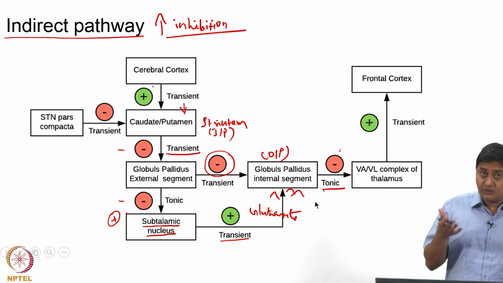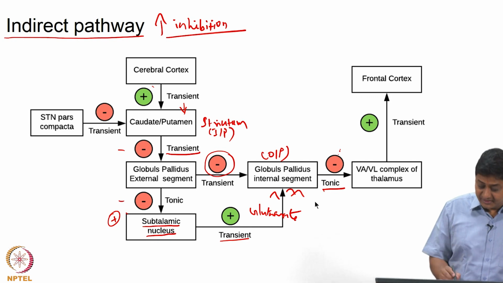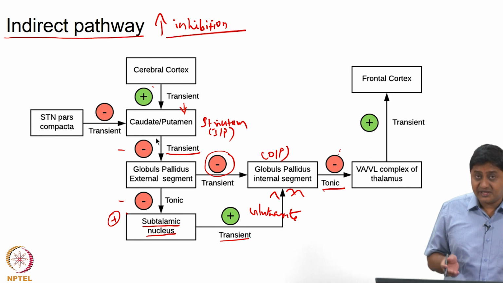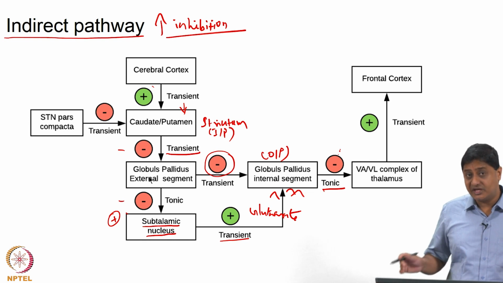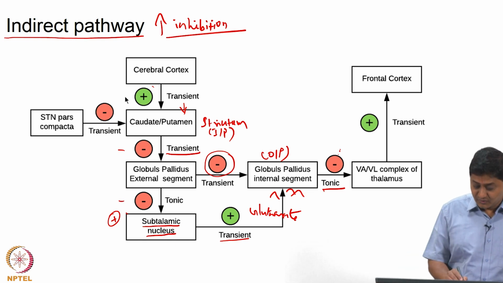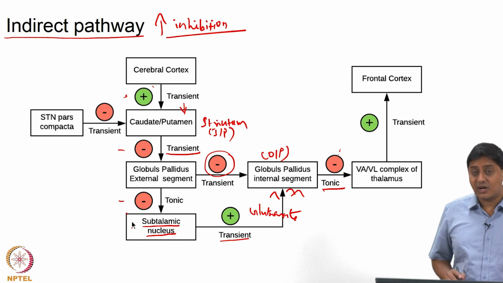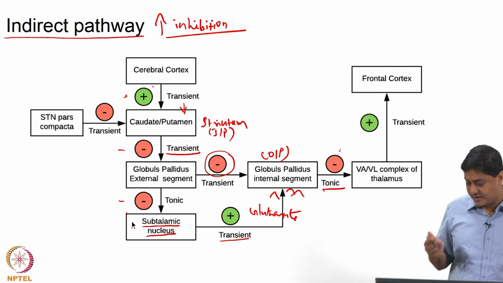Why? So, the increased excitation level provided by the cerebral cortex increases the probability that striatum is going to inhibit the GPE neurons, and the GPE neurons themselves are already inhibiting the subthalamic nucleus neurons. So, there is 1 plus and 2 minuses, essentially making the situation here the probability that the subthalamic nucleus is going to get excited to go higher, right.